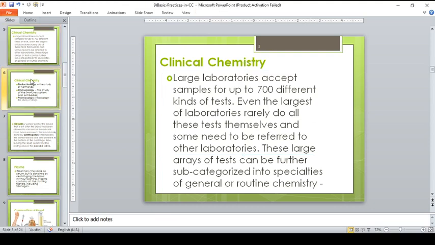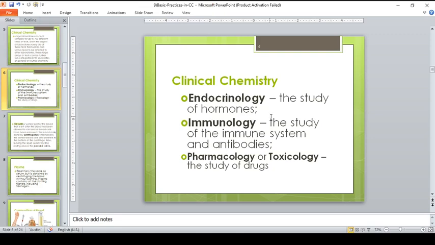Something like that. So we have here endocrinology. In clinical chemistry, guys, there are so many branches and many topics, even in the subjects of clinical chemistry 1 and clinical chemistry 2. These are some of the topics that will be discussed. Endocrinology is the study of hormones.